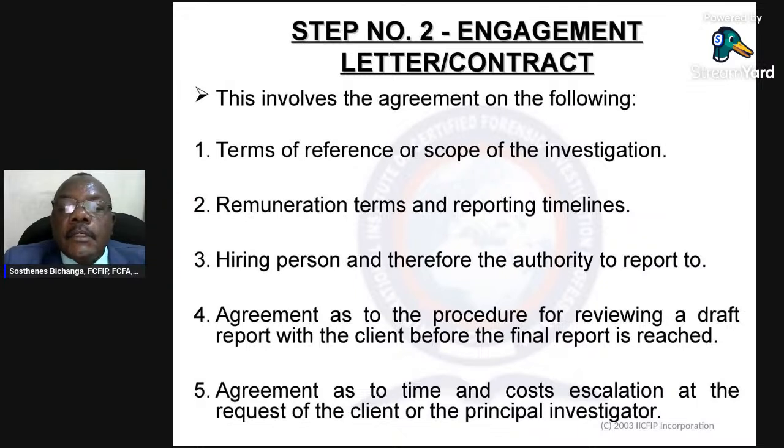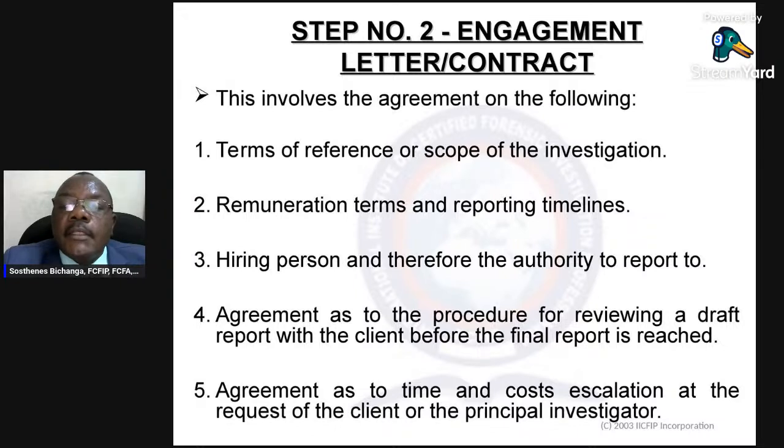Then number 3, the name of the person hiring the investigation team, and therefore the authority to report to. If the engagement contract or letter is signed by the chief executive officer, then it means the hiring authority is the chief executive officer on behalf of the board, and therefore the investigation team will be reporting to the chief executive officer.